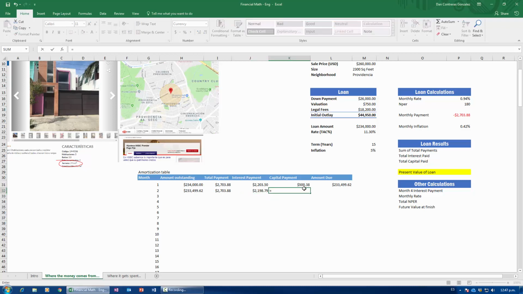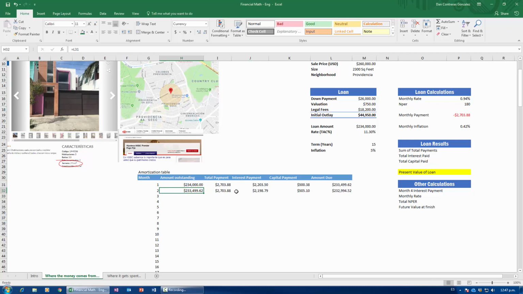For capital payment, remember, I grab my total payment and subtract whatever part the interest was. The amount due is now the amount outstanding minus capital payment, all right? So in 2 months, I've made a $1,000 dent in my loan, even though I've already outlaid $5,400. The rest goes to interest for the bank.